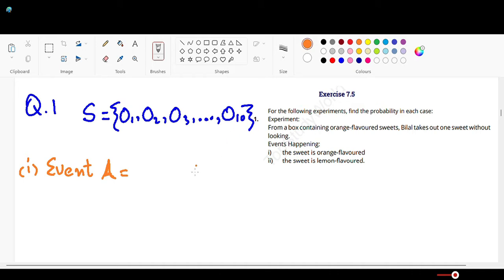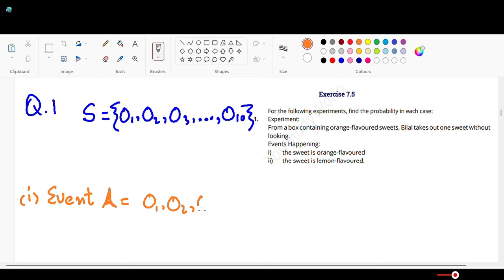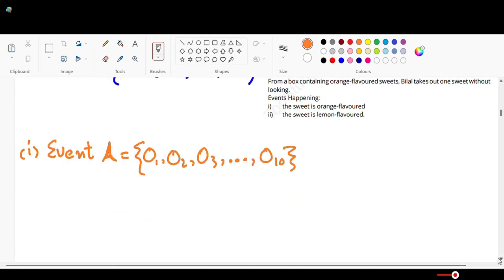All 10 of them. O1, O2, O3, all the way to O10 will be orange, so they're all included in event A. That means the number of elements in event A will be 10.